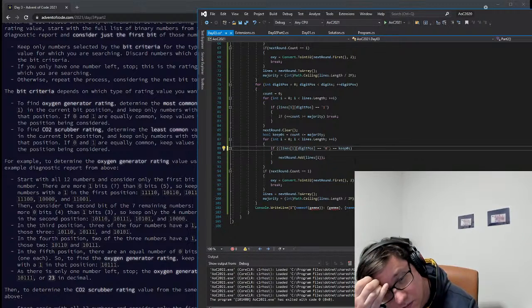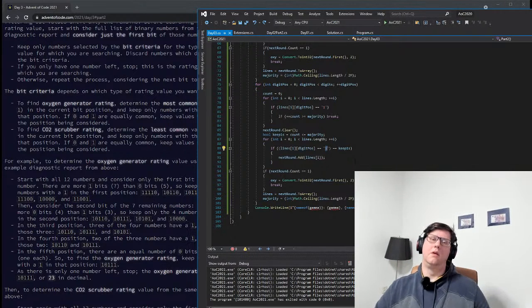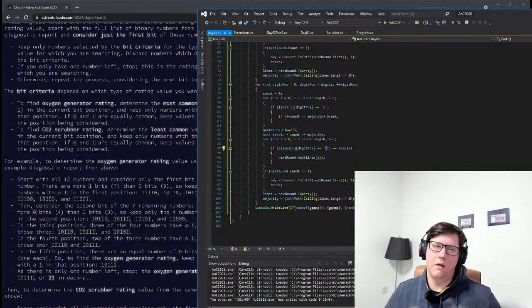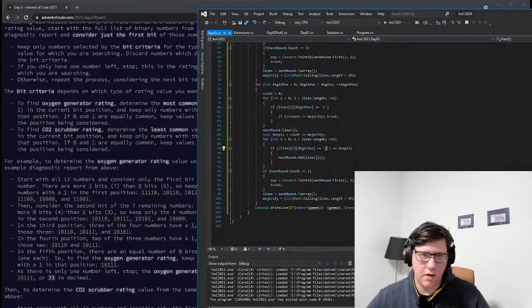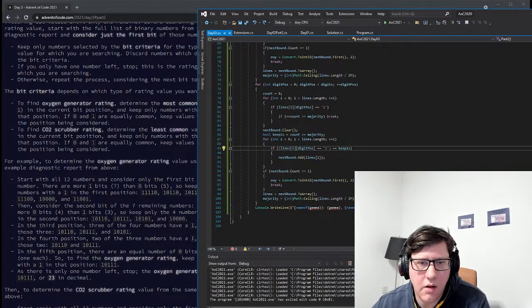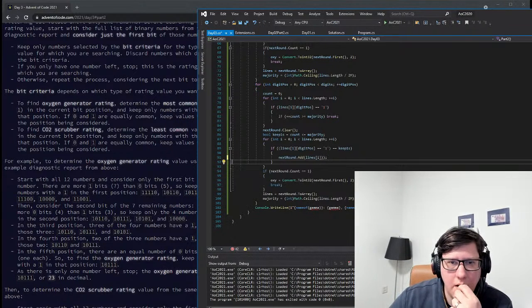Actually, no. Because it still keep ones, right? You keep the 1 values if the count is lower than, yeah, okay. Okay, let's see.